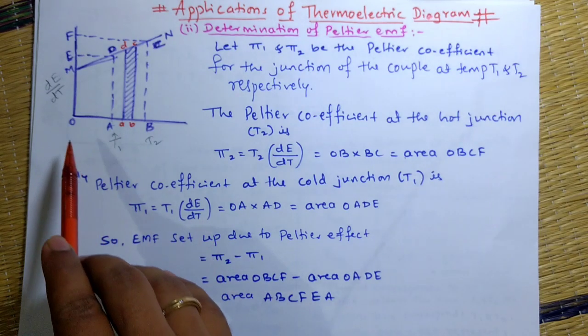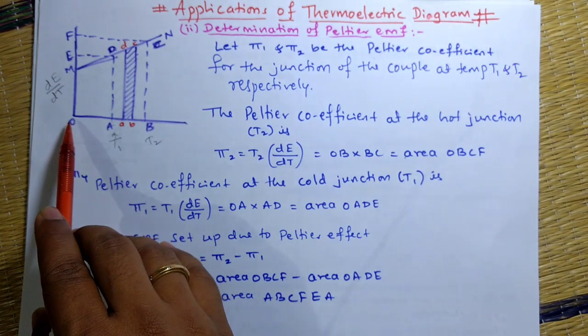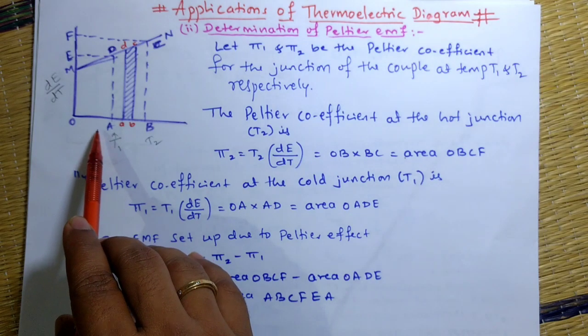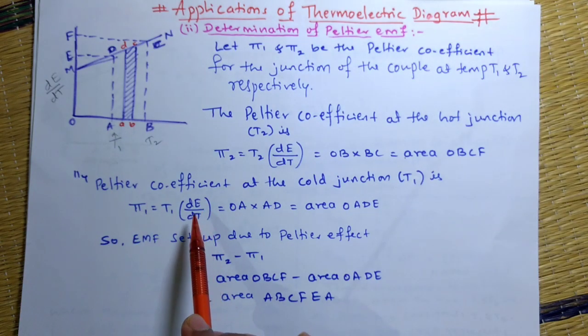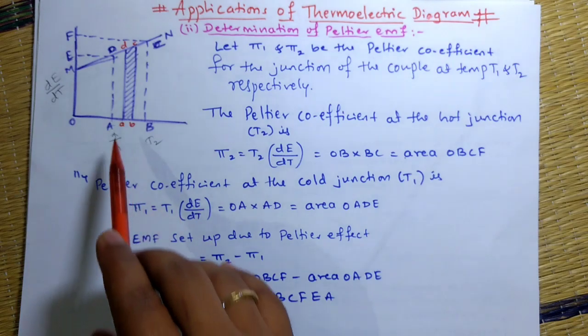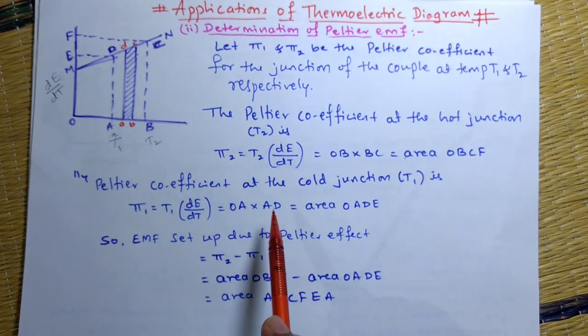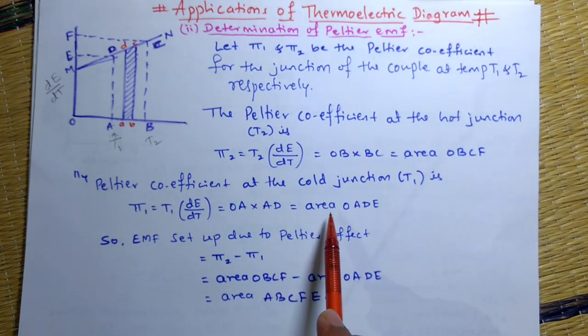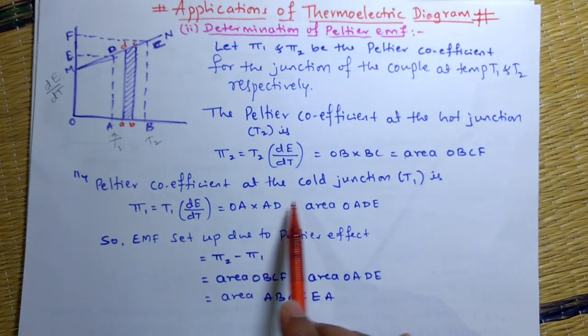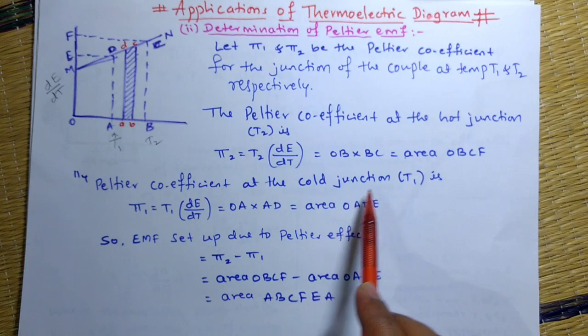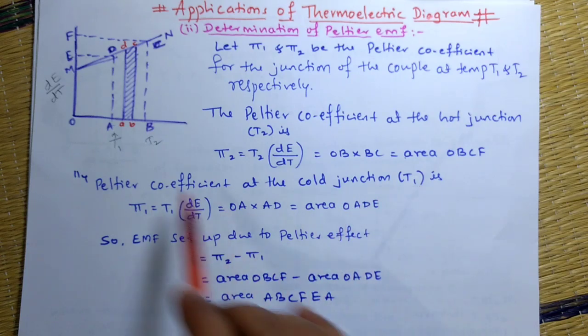T1 is nothing but OA in this thermoelectric diagram, and dE/dT for the cold junction is AD, right? OA into AD. So the Peltier coefficient at the cold junction at temperature T1 is the area OADE.